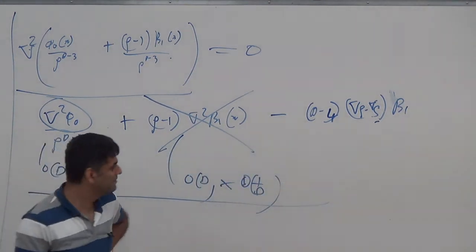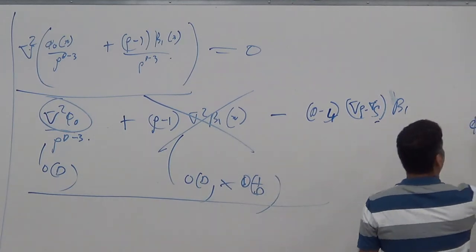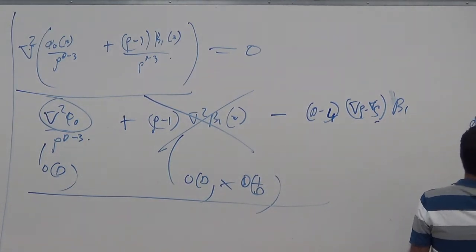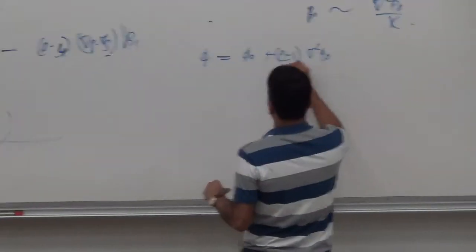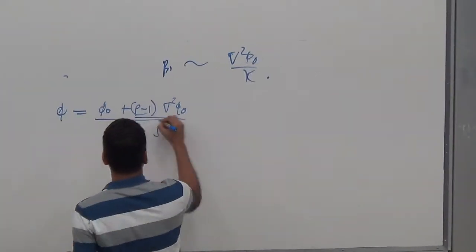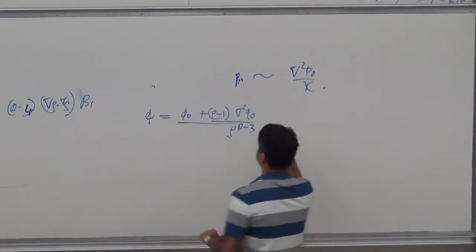Trace of extrinsic curvature. So we found that phi is equal to phi naught plus rho minus 1 del squared phi naught. Remember, this del squared is just del squared on the membrane. Del squared phi naught divided by rho to the power d minus 3.